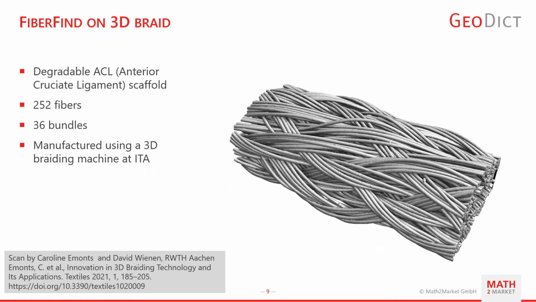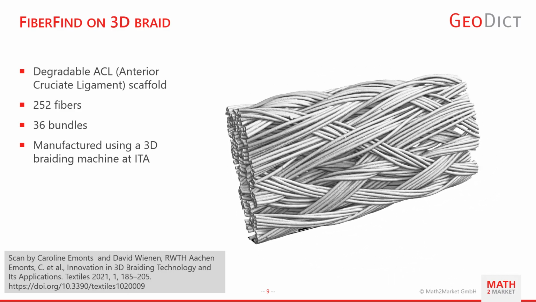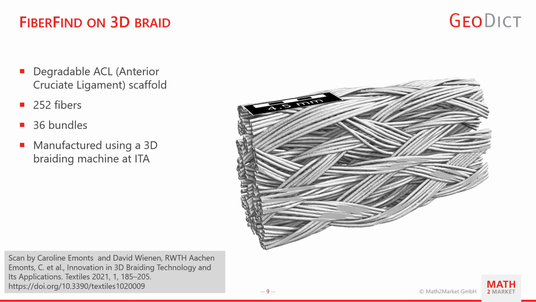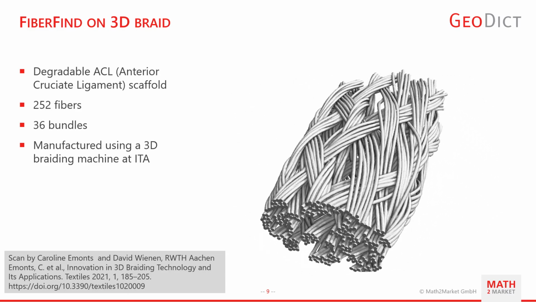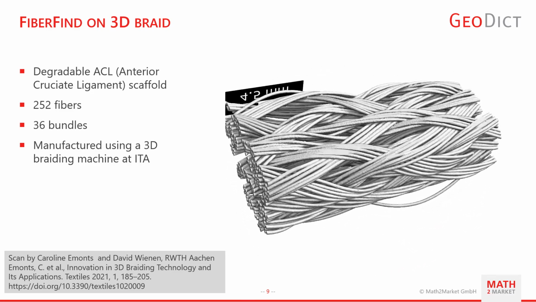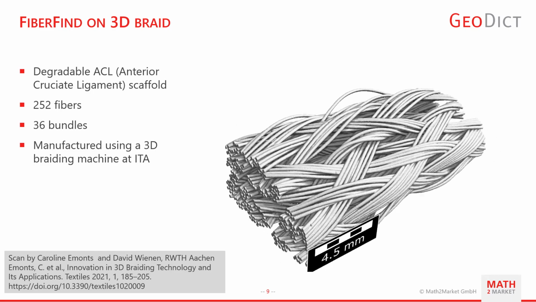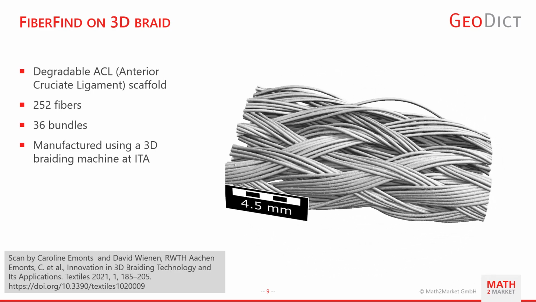Let's talk about FiberFind. FiberFind is our image analysis module to analyze fibrous materials, and it has seen a lot of development in recent years. In this video you can see again a 3D braid from Caroline Emmons and David Wienen from RWTH Aachen.